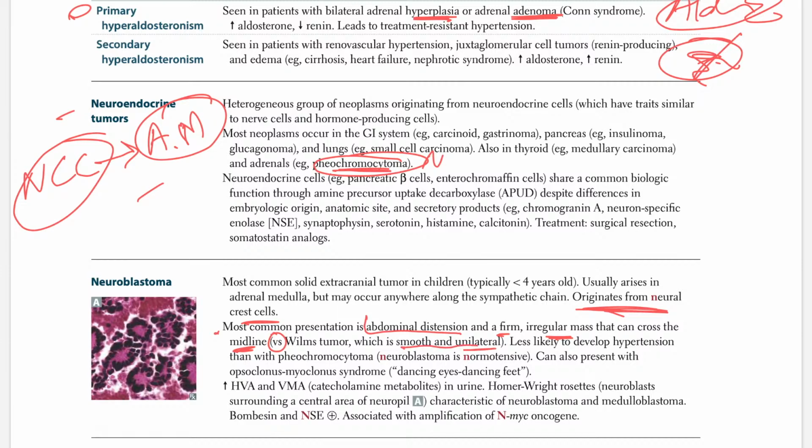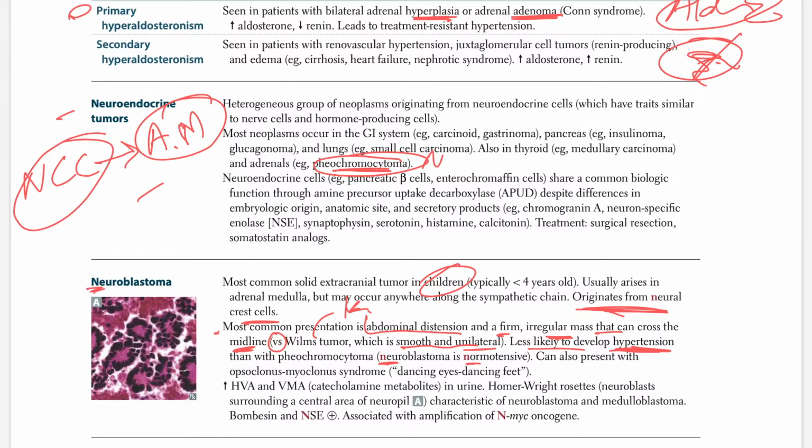We will talk about Wilms tumor later on. Wilms tumor is also seen in kids, and this one is also seen in kids. It is less likely to develop hypertension than pheochromocytoma. Neuroblastoma is normotensive. That's a very good mnemonic.